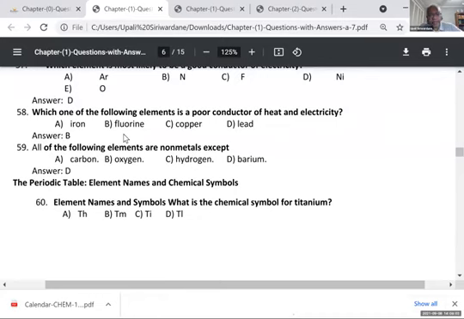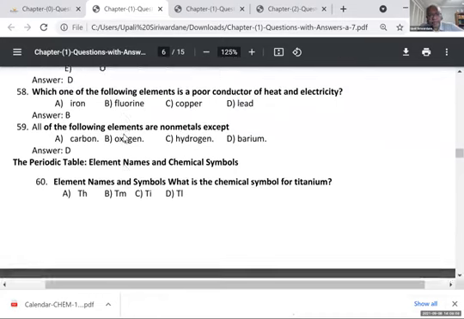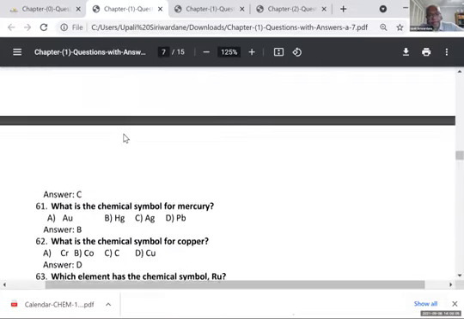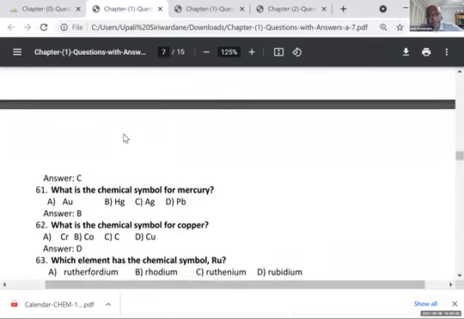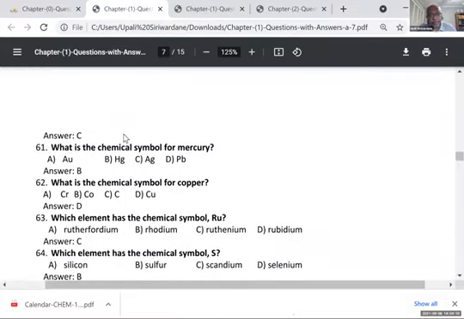Barium is the metal. Number 61. What is the chemical symbol for mercury? Hydrargyrum is Hg. It's the Latin name for mercury, Hg.